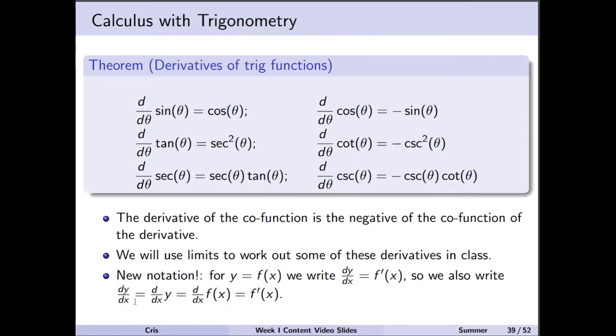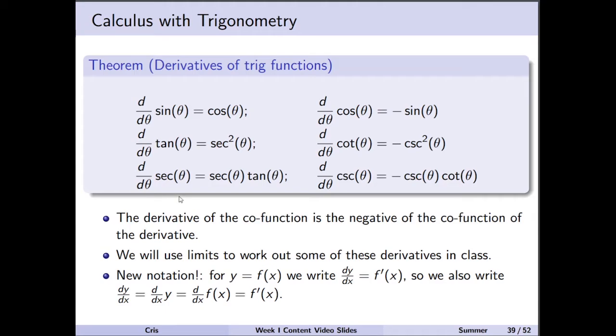Because dy over dx should be d over dx acting on y. And if y is equal to f of x, we get d over dx acting on f of x should be f prime of x. So we get used to just looking at this symbol here as an operator. d over dx means take the derivative of f of x. And this is a convenient way to express derivatives.